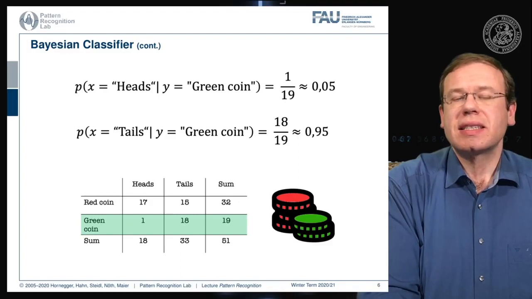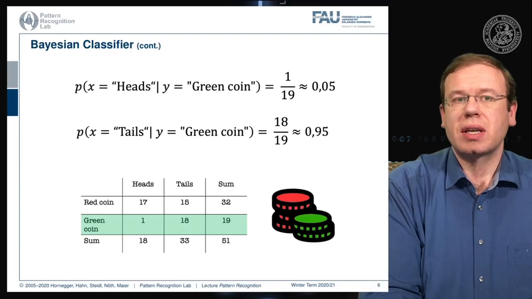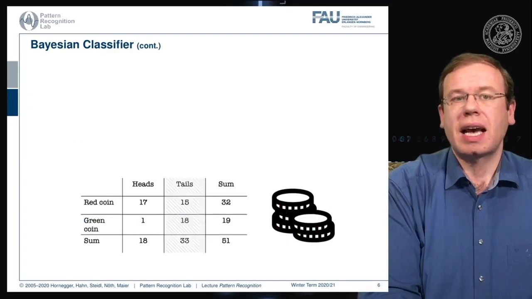Now, this is essentially the information that I don't have. Yeah, I get some information, I get the observation heads and tails because I'm colorblind, and now I'm interested in figuring out whether it's the red coin or the green coin.